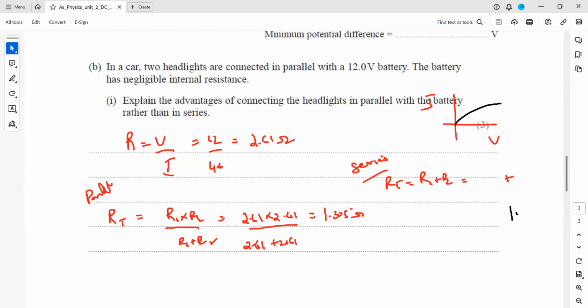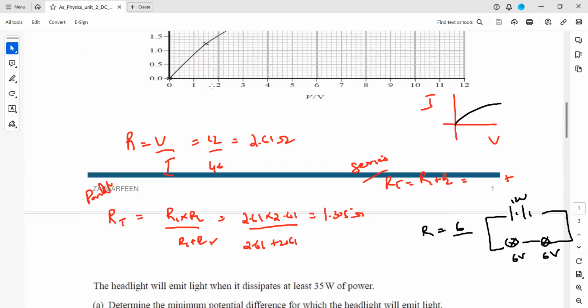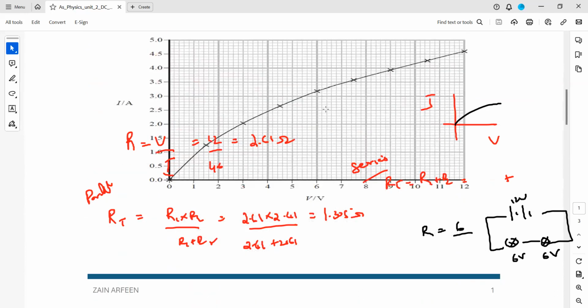So if they're connected to a 12-volt supply, the lamps are identical, so the total 12 volts will divide into 6 and 6. So now we are finding the resistance of each lamp when they are connected in series. So 6 divided by the current. How much is the current when the voltage is 6?